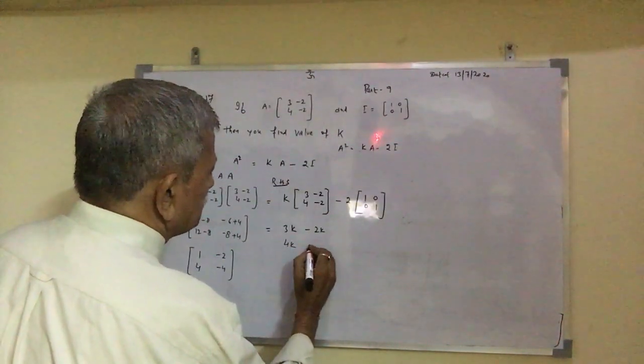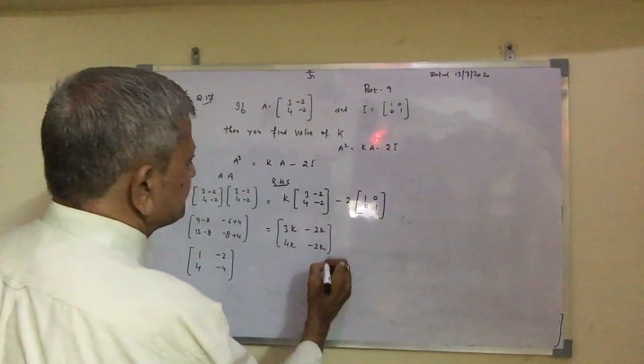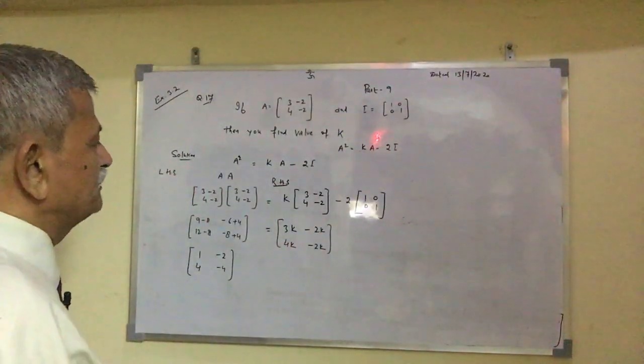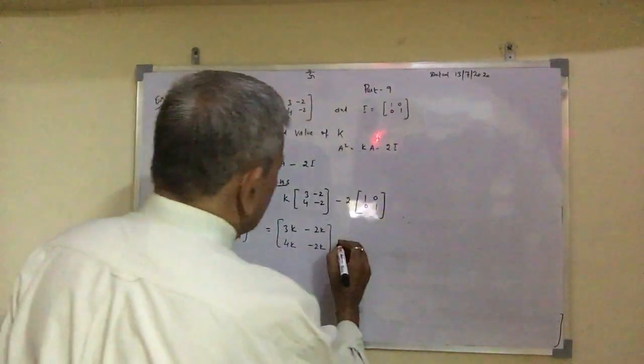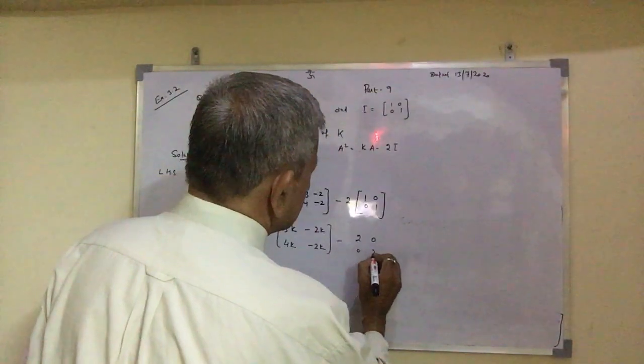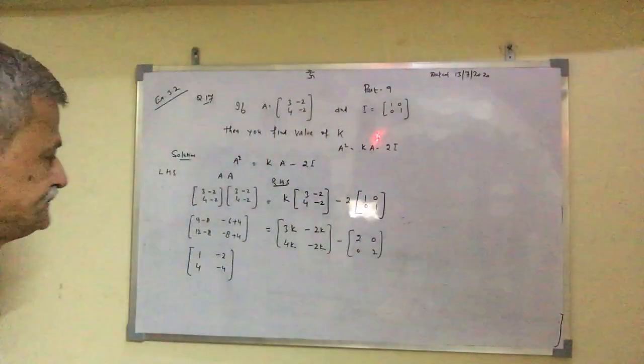and minus 2k. So this value goes inside, your value will be here, and now you have minus 2 0 and 0 2, because you also multiplied 2 inside.